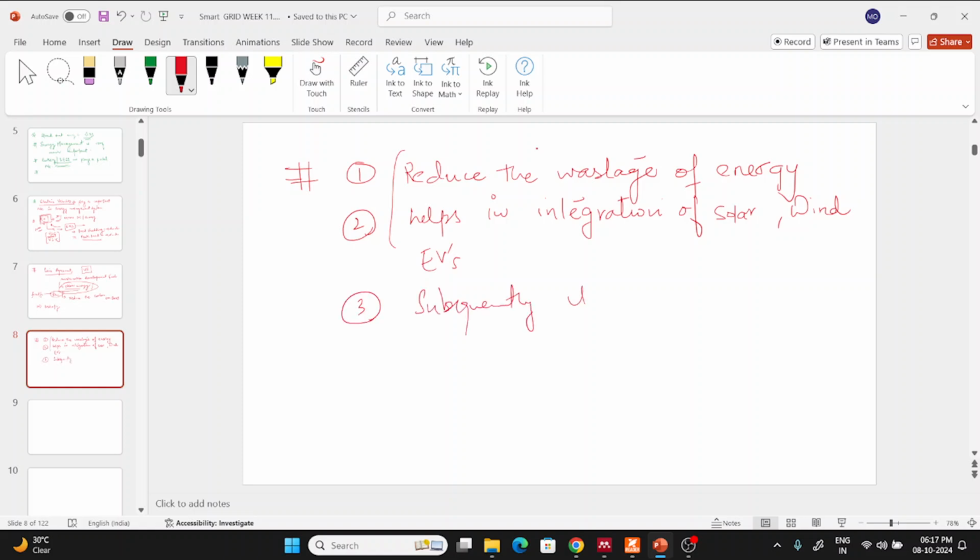Subsequently, it will lead to decarbonization of our economy. So that's why energy management is very important.